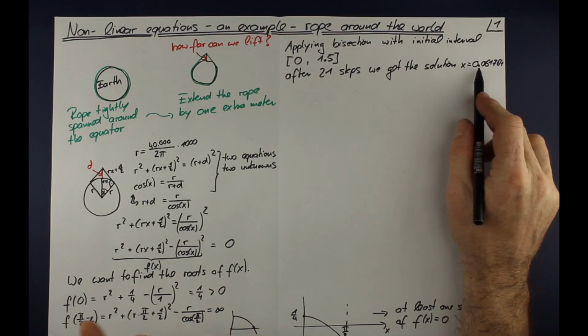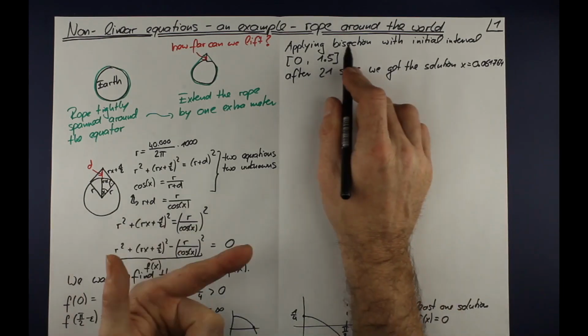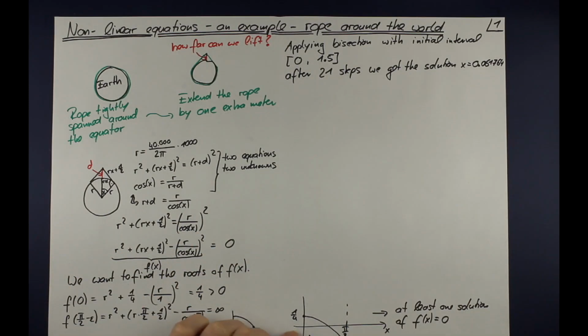X is 0.061764. For bisection, we need an initial interval. We have to tell the algorithm, please search in the interval starting from 0, ending at a little less than pi halved.